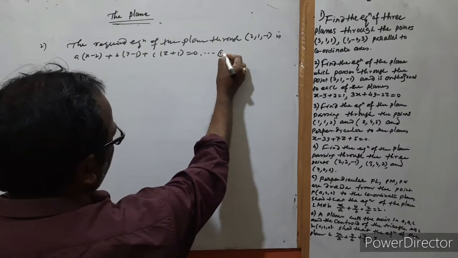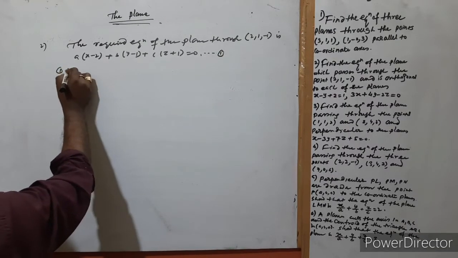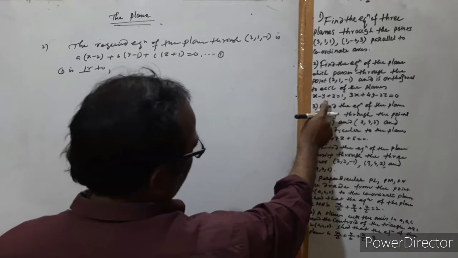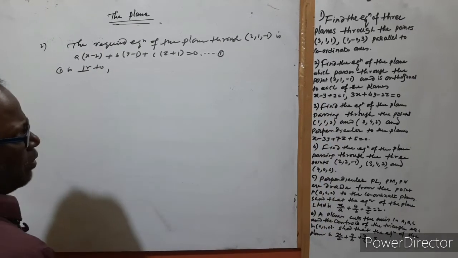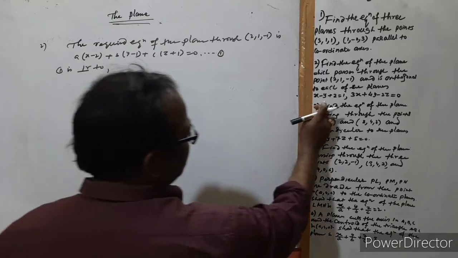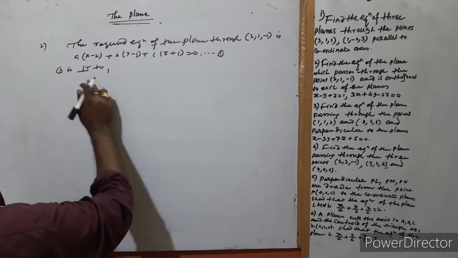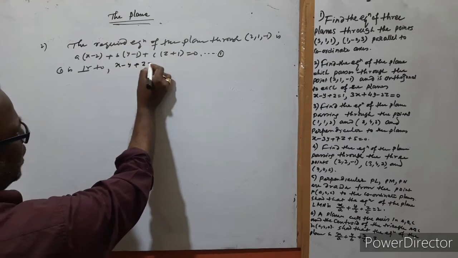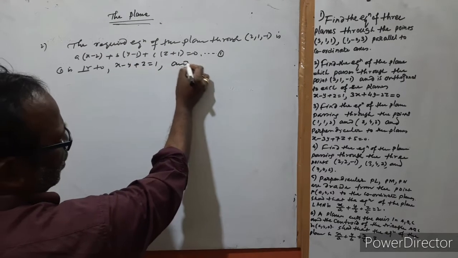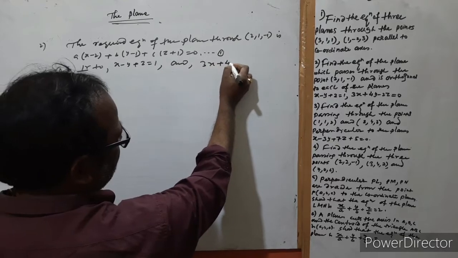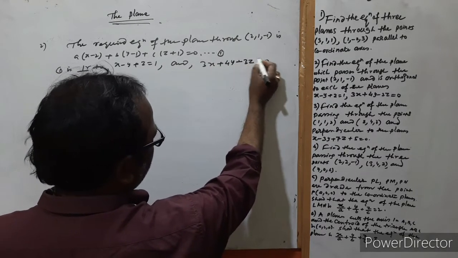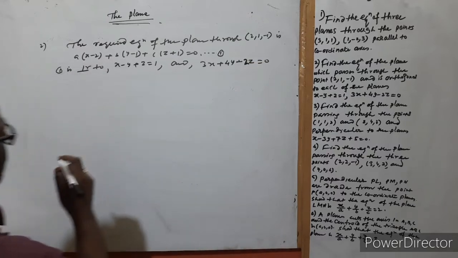This is 1. Orthogonal means perpendicular. Our required plane is perpendicular to this and this: perpendicular to x minus y plus z equal to 1, and 3x plus 4y minus 2z equal to 0.